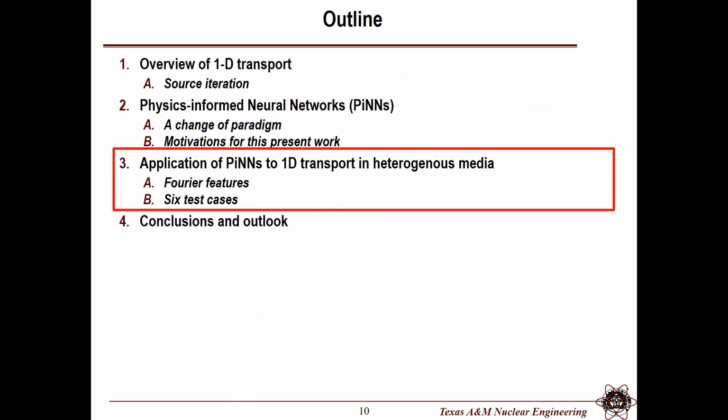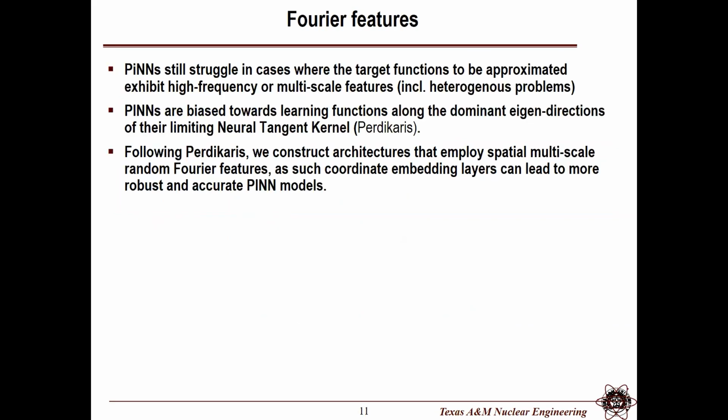So if we're now applying these PINs to our 1D transport, specifically, the one important thing to us is the application of Fourier features within PINs. In cases where the target function to be approximated exhibits high frequency or multi-scale features, so very present within heterogeneous problems, PINs struggle quite a bit to simulate those.